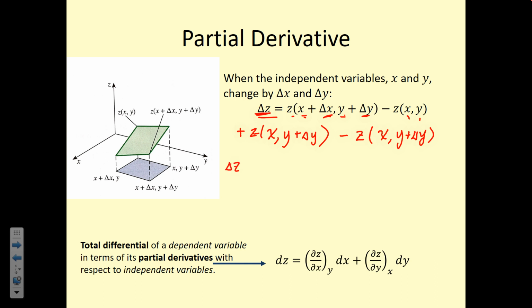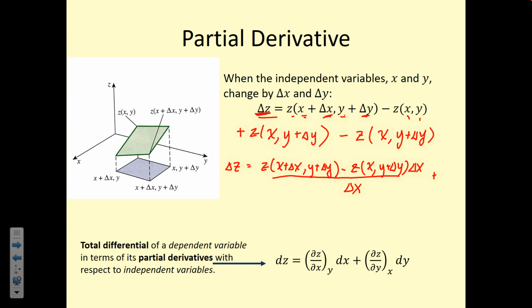So we're going to have delta z is equal to z of x plus delta x, y plus delta y, minus z of x and y plus delta y. Those are z's. And then we're just going to divide this by delta x and multiply it by delta x, so essentially we're multiplying by 1. That's our first term.